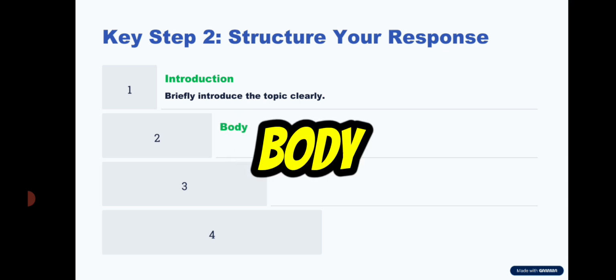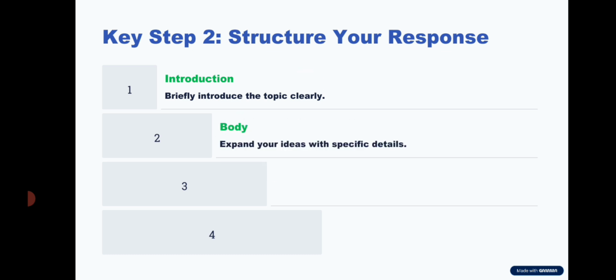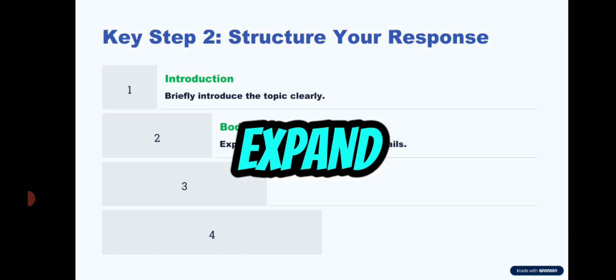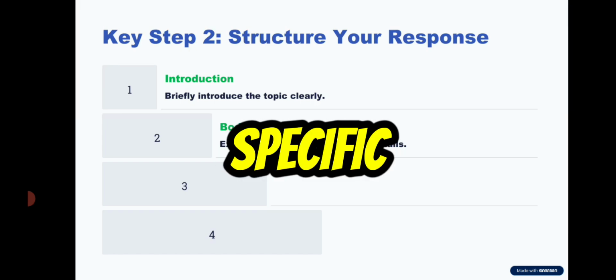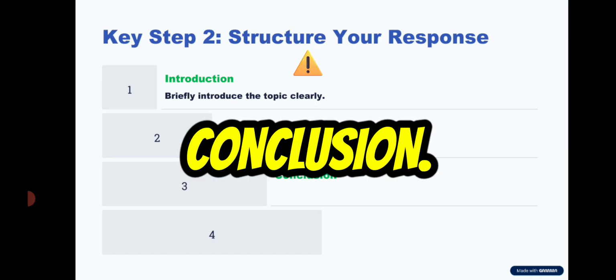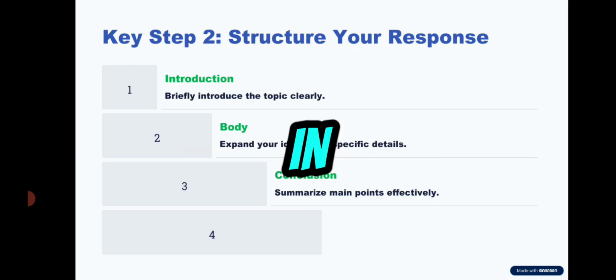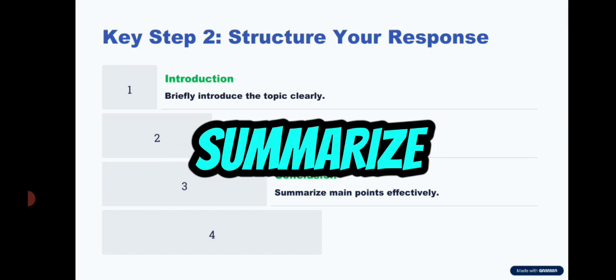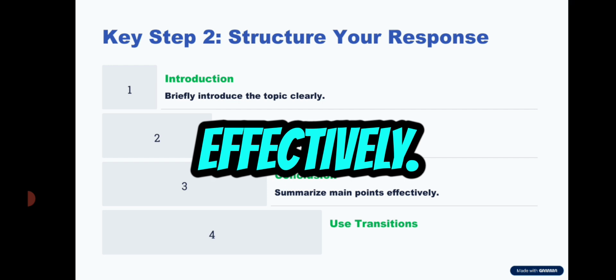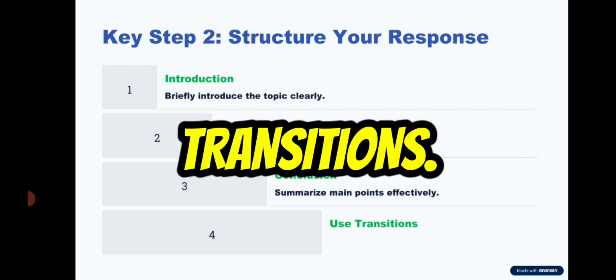Then comes the body of the writing, where you expand. This is where you expand your ideas with specific details. Conclusion. In the conclusion, you summarize main points effectively. Number four, use transitions.